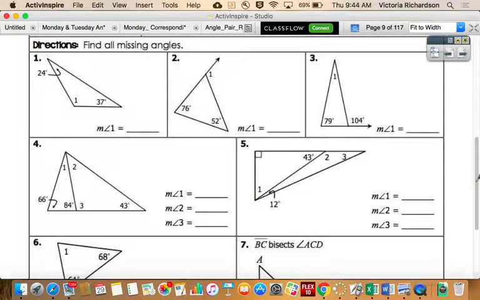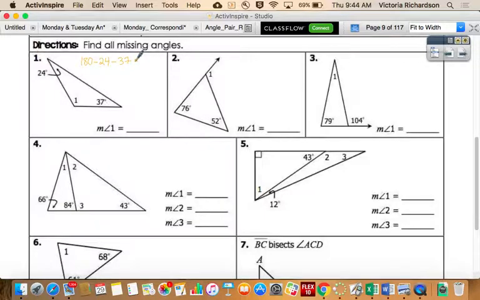So the first example is just a triangle. So how many degrees are in a triangle? 180, right? So if I know that each one of these angles together makes up 180, and I know two of them, in order to find the third one, all I have to do is subtract from 180. So I have 180 minus 24 minus 37.